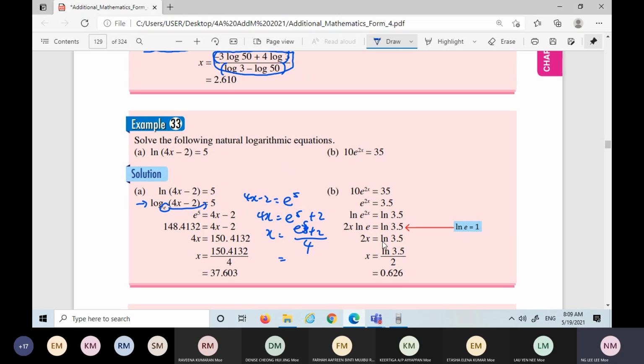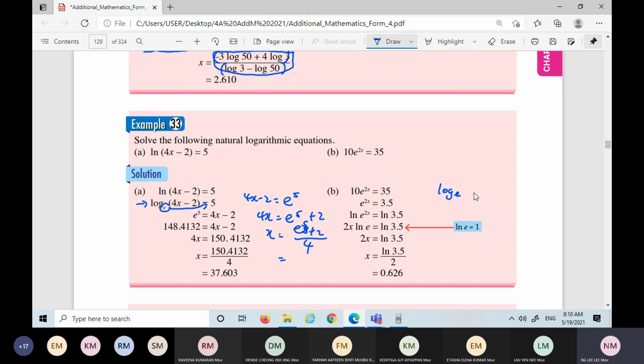Okay, look at B. I think for the first step, I'm going to move the 10 to this side. So 35 divided by 10 first, so I get 3.5. So e to power of 2x is 3.5. And then you can put ln on both sides. Put ln on both sides means what?